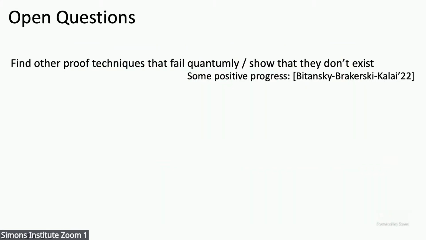So, open questions from this space. There's been some exploration of which proof techniques work and which fail, but I don't think we have a complete understanding here. There was definitely some progress towards a general result of the form that I just described, but again, I don't think it's complete.